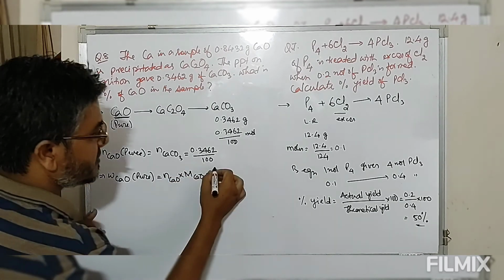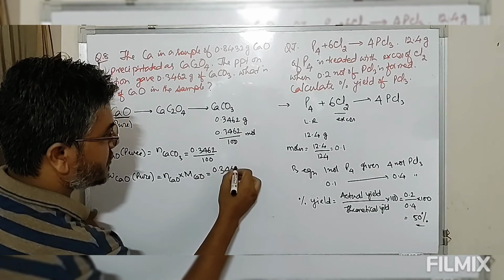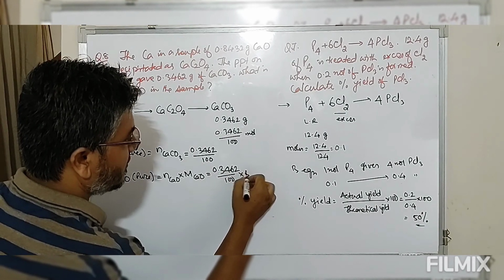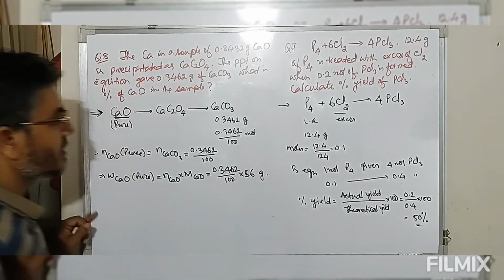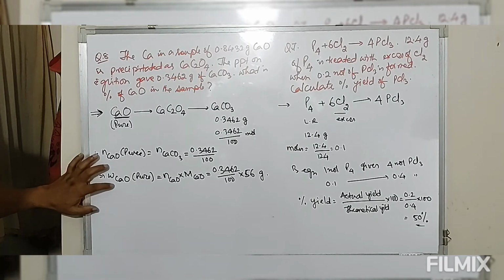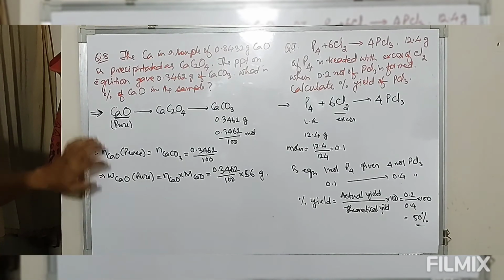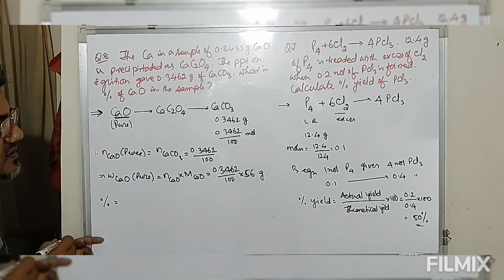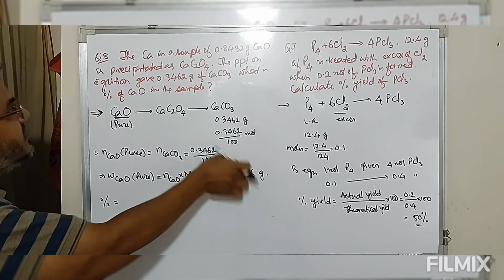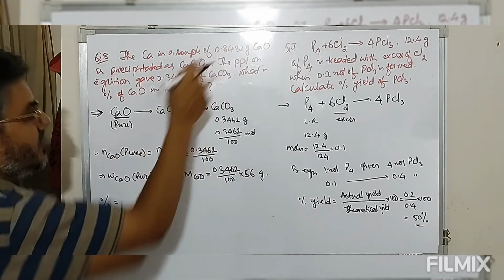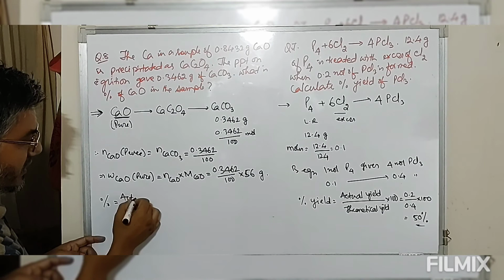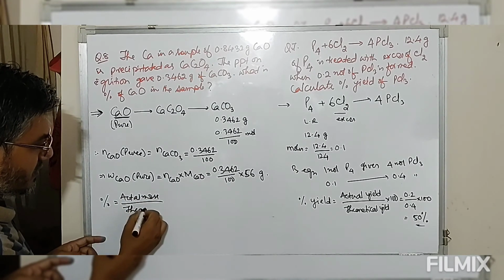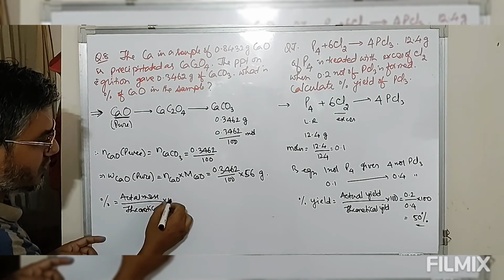So number of moles is 0.3462 divided by 100. Molar mass is 40 plus 16, 56. So this is the mass of calcium oxide present in the sample. Now question is what is the percentage? So therefore percentage is the actual mass divided by the theoretical mass into 100.